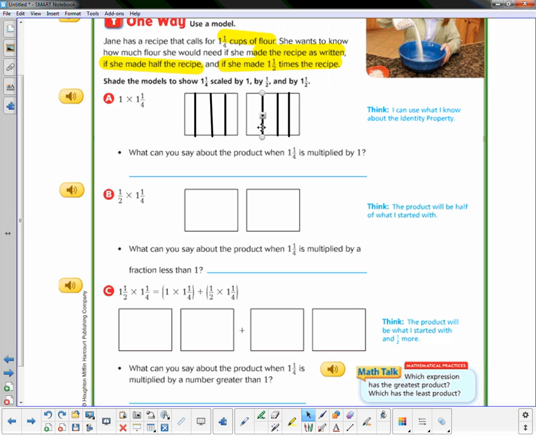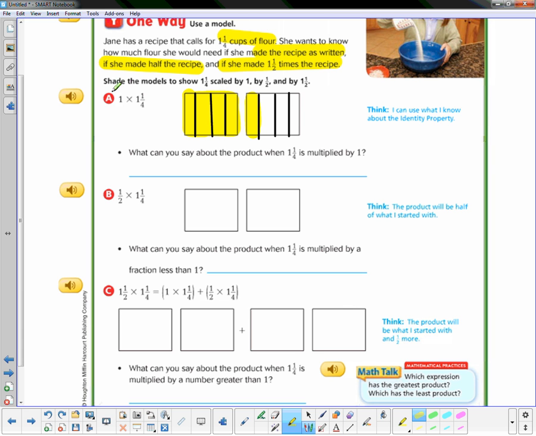That's okay. So I've got 1 whole and 1/4. That's how much flour we have here.